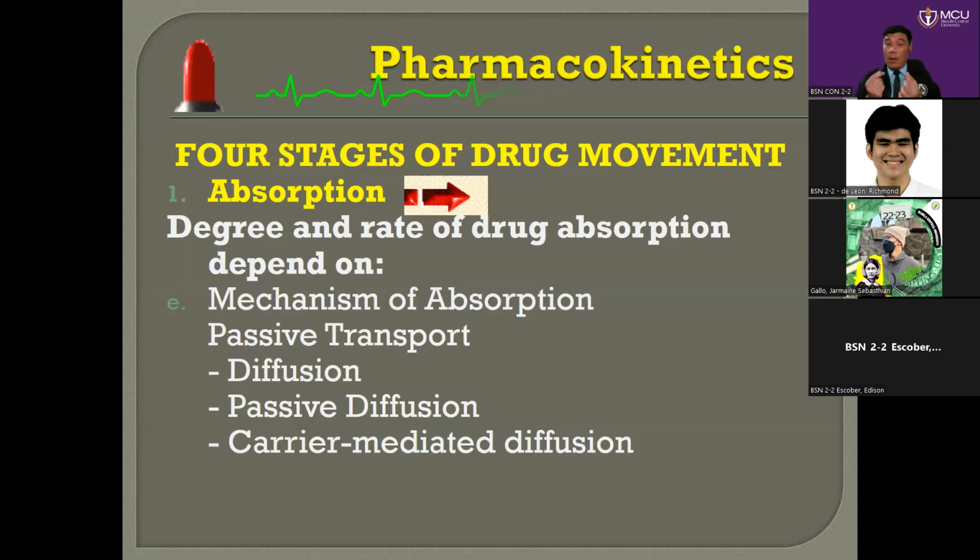Once it causes the breakdown of the drug, it just facilitates the breakdown. But once it proceeds to the transfer of the breakdown of drugs to the blood to reach the plasma, that's the time wherein we are now considering the higher concentration to the lower concentration.